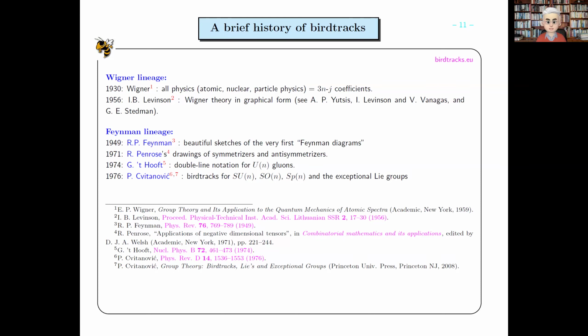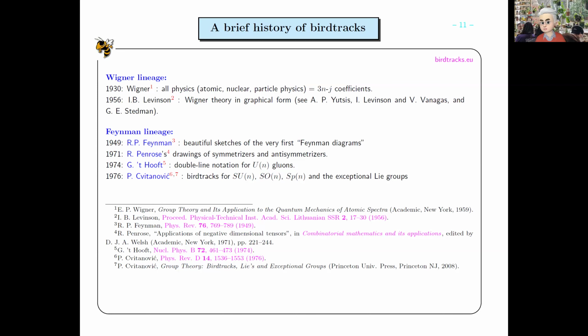And this leads us to the early history of Birdtracks. So basically, there were two strands. One strand comes via Wigner, understanding that you can do group theoretic calculations using these 3nj coefficients. I don't know whether Wigner ever drew a picture. I mean, I've met him and knew him a little bit, but I never asked the question.